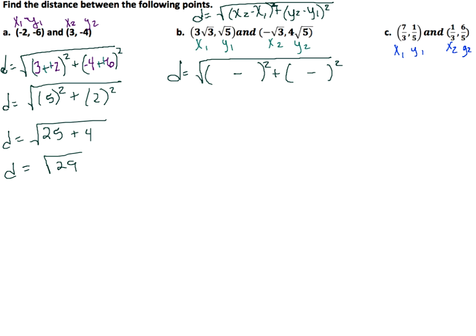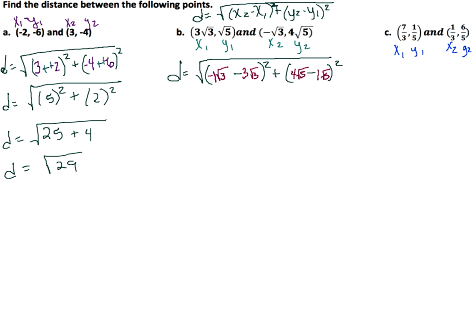Okay, so x2, negative square root of 3, minus x1, which is 3 square root 3. And I'll just point out this is a negative understood 1 square root 3 there. And y2 is 4 square root 5, and y1 is understood 1 square root 5.